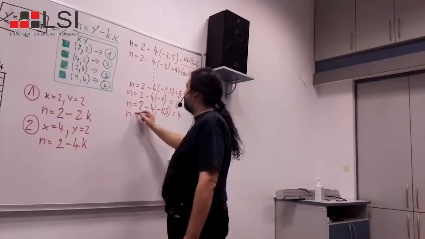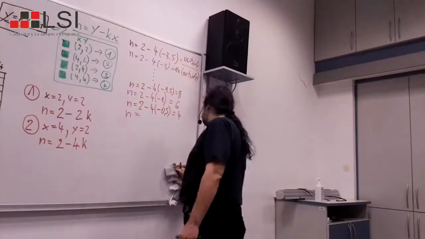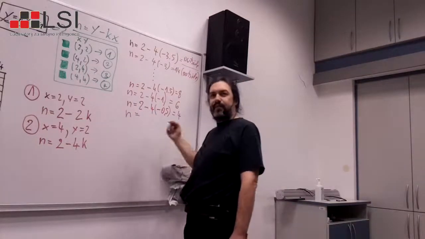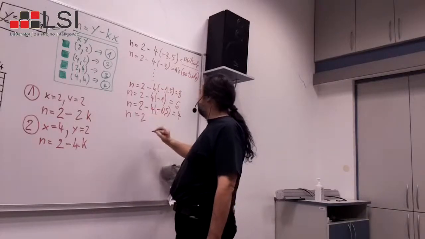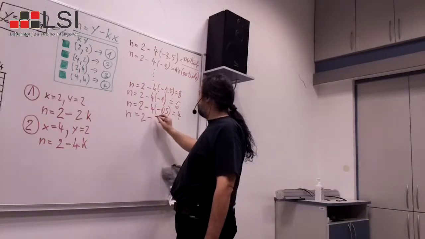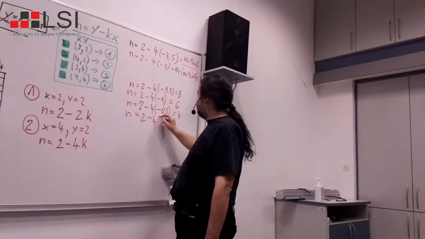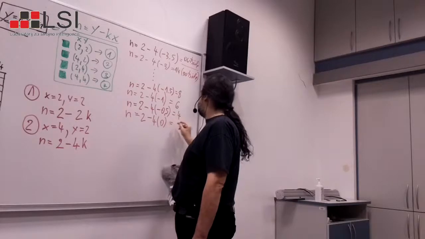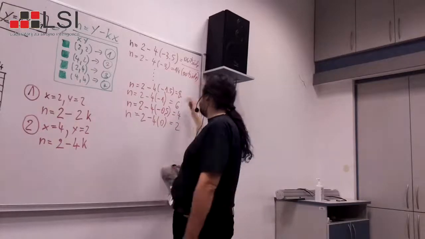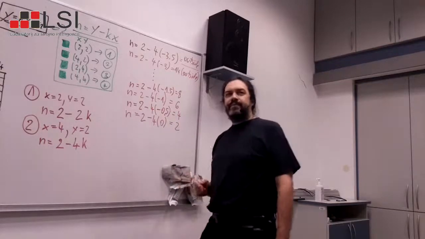And let's do another one, and then we will end with this voter, with this point. So we have 2 minus 4 times 0, it's of course 2. And now you can see where this is going.